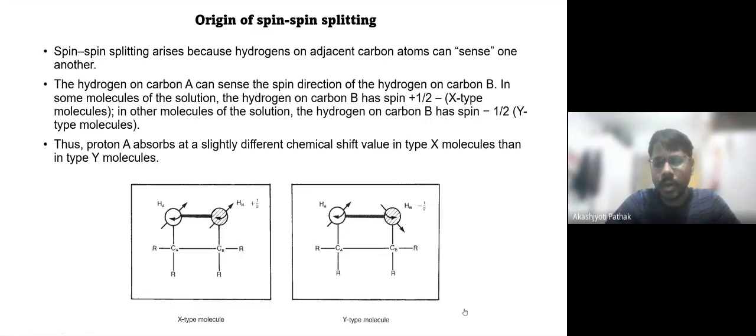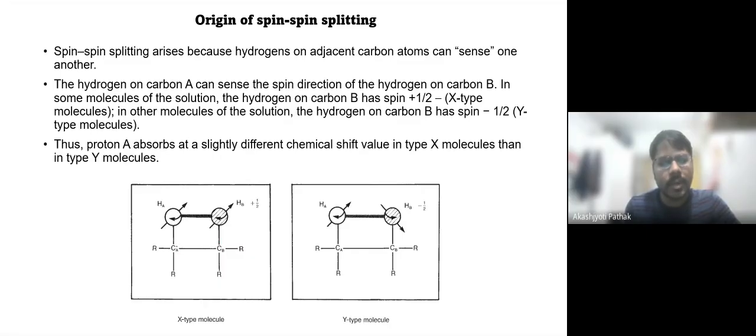So we were already discussing this part, right? So what is the origin of the spin splitting? The spin splitting arises because hydrogens on adjacent carbon atoms can sense one another. In this figure you can see that there are two carbon atoms, Ca and Cb.